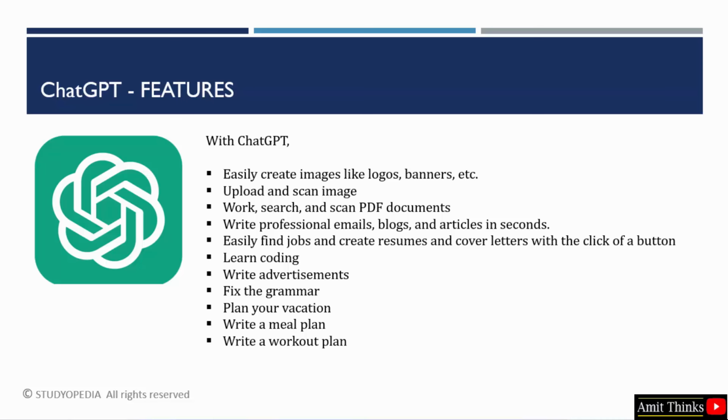Easily find jobs and create resumes and cover letters with the click of a button. ChatGPT can also teach you coding, write advertisements for you, fix the grammar, plan your vacation, write a meal plan, and be your everyday AI assistant.